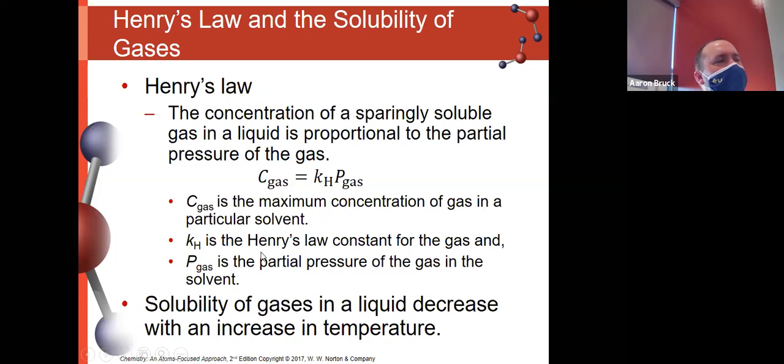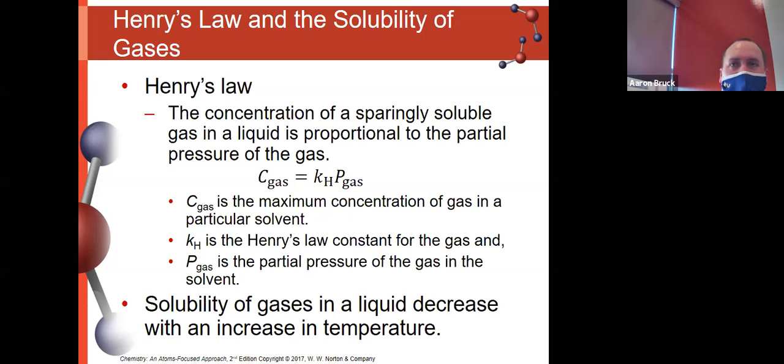And so when it comes to gas solubility, there are really two things that you need to be aware of. One of them is that concentration and pressure are directly related to each other. If the pressure above a liquid is higher, the gas solubility in that liquid is higher as well. The second thing that you need to know is that solubility of a gas generally depends on temperature.